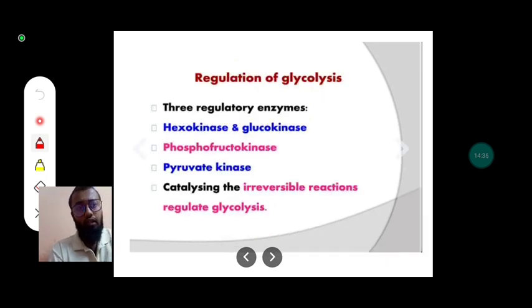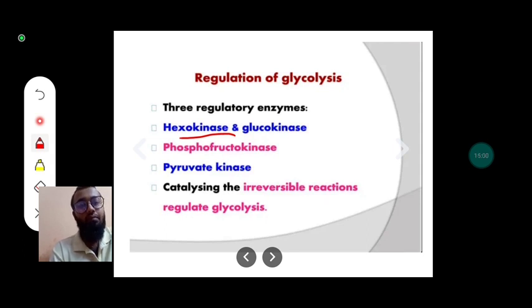So at last we are going to see the regulation of glycolysis, and there are three regulatory enzymes in the glycolysis process. First is the hexokinase and glucokinase, or both are the same. As I said earlier, at the start of the pathway, hexokinase plays a regulatory function in the glycolysis.